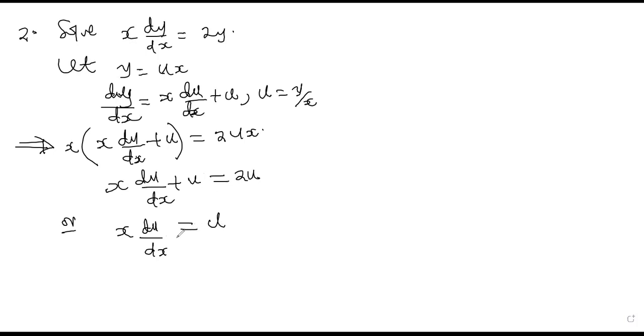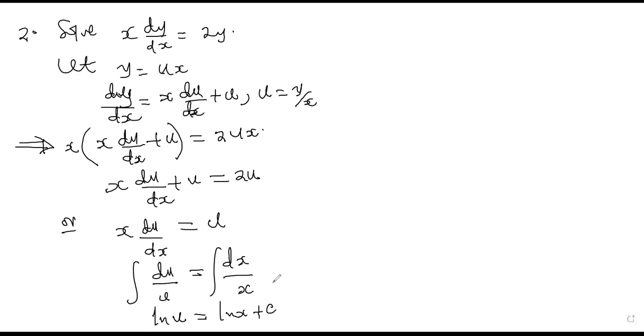Now implying that here you can now solve the differential equation by separating variables. So we shall say du over u is equal to, dx will have come this side, so dx over x. Integrate both sides. du over u is ln u. dx over x is ln x.